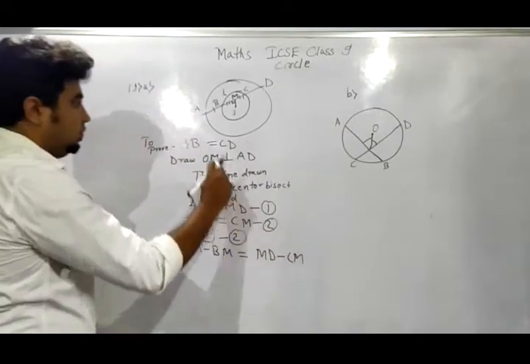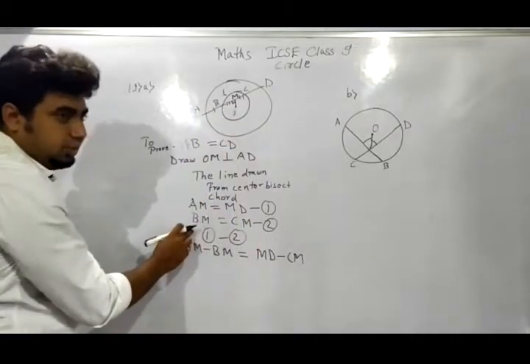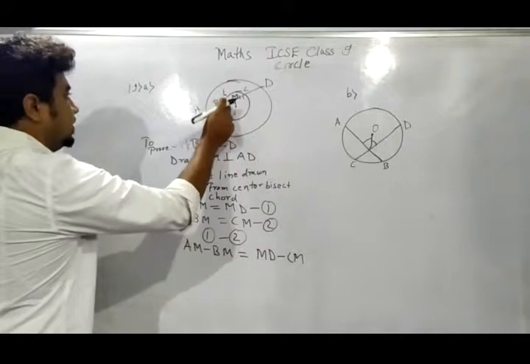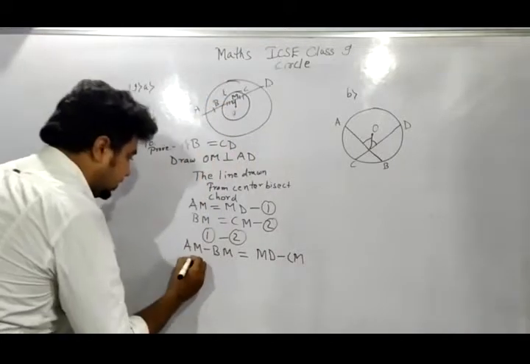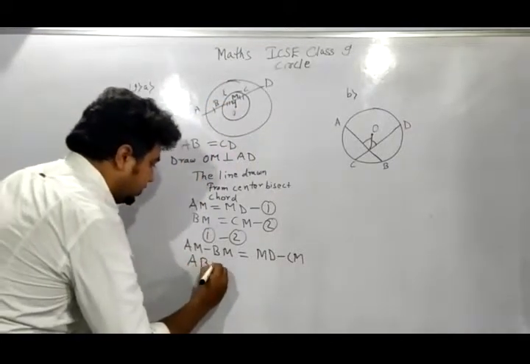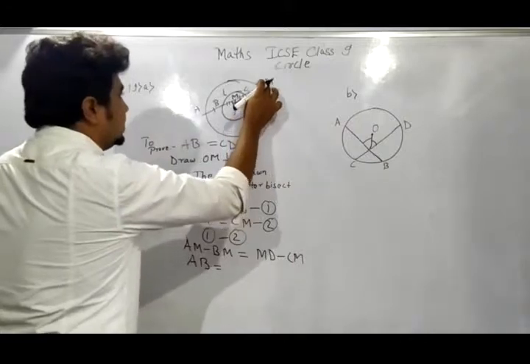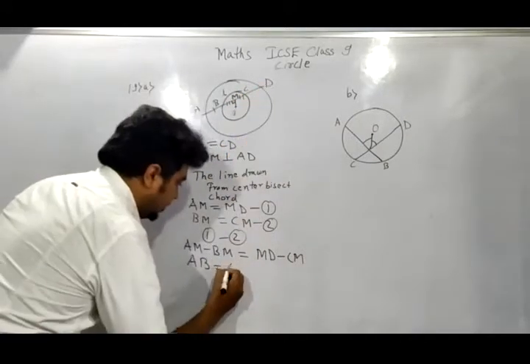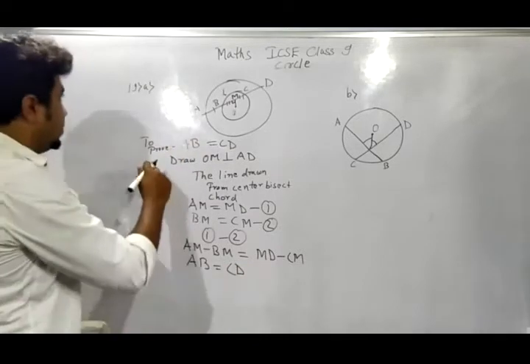Similarly, the left side is subtracted from the left side and the right side from the right side. AM minus BM is AB, and MD minus CM is CD. So from here we get AB equal to CD. So this is question number 19a.